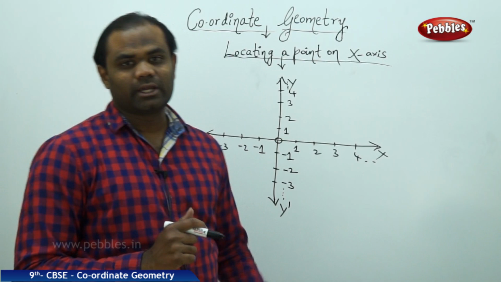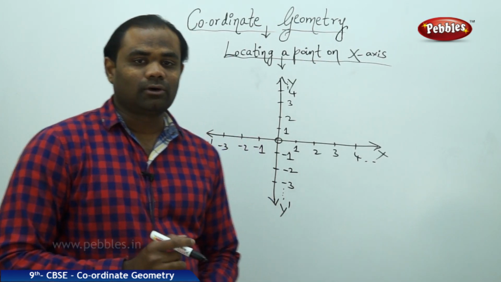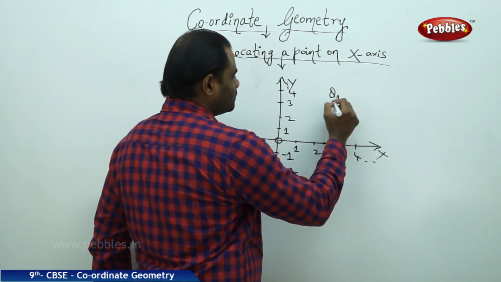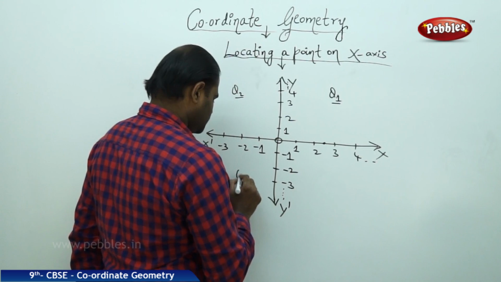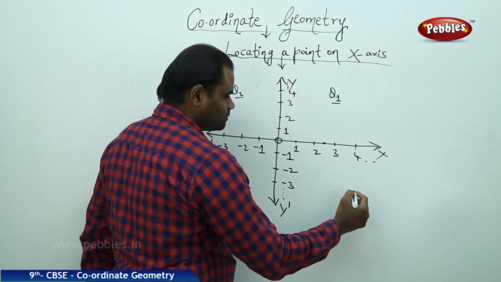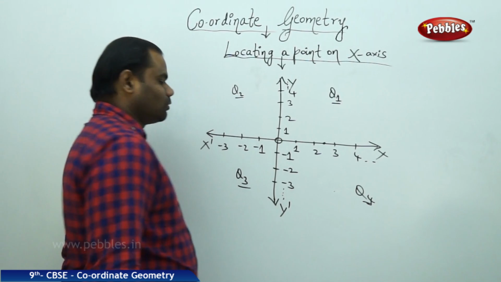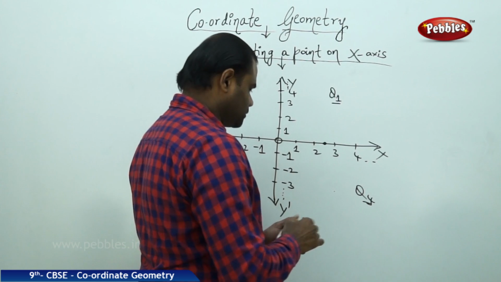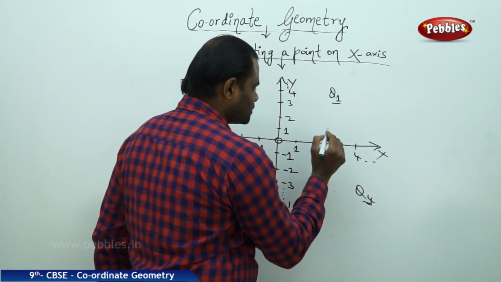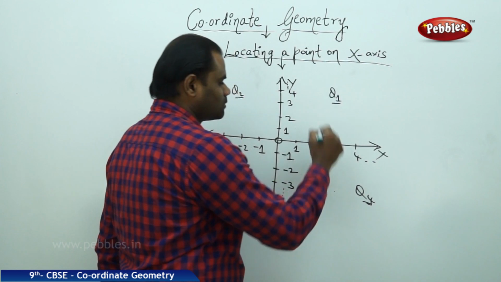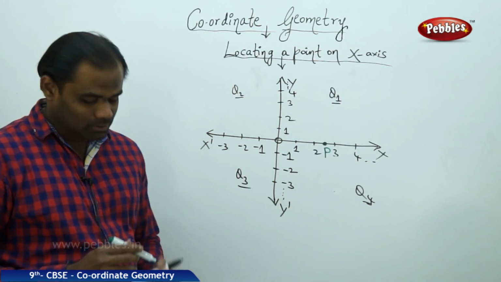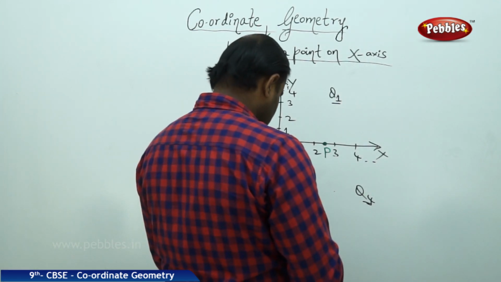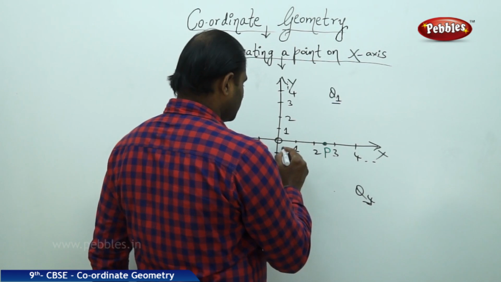Now I have these points located here in the Cartesian plane. Here lies Q1, here lies Q2, here lies Q3 and here lies Q4. Now the question is to locate a point P exactly in between, at this region. I understand that this point is 2.5 units from the origin.